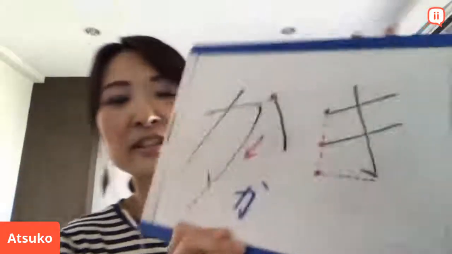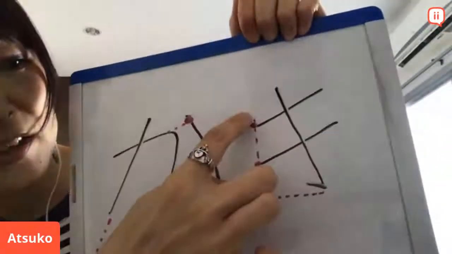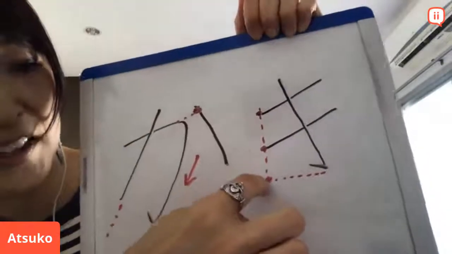And starting point of fourth stroke is very important. Okay, look at this red line. Start from here.